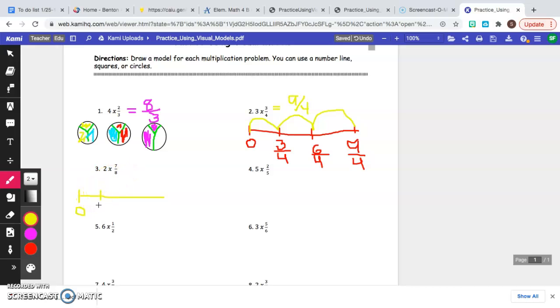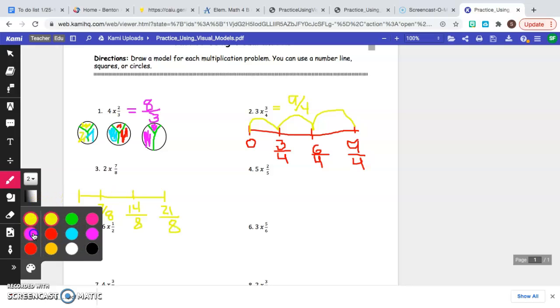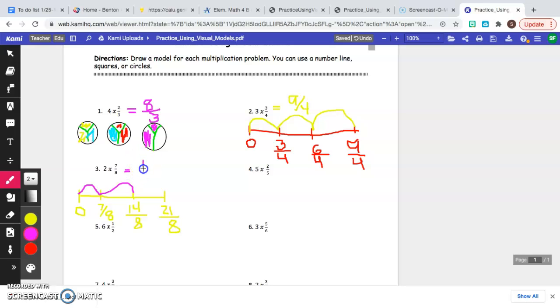So I'm going to do 7 eighths, 14 eighths. And I'll do one more to finish my number line, which would be 21 eighths. Okay, and I'm going to get another color. I'm going to hop 2 times. 1, 2. So my answer would be 14 eighths.